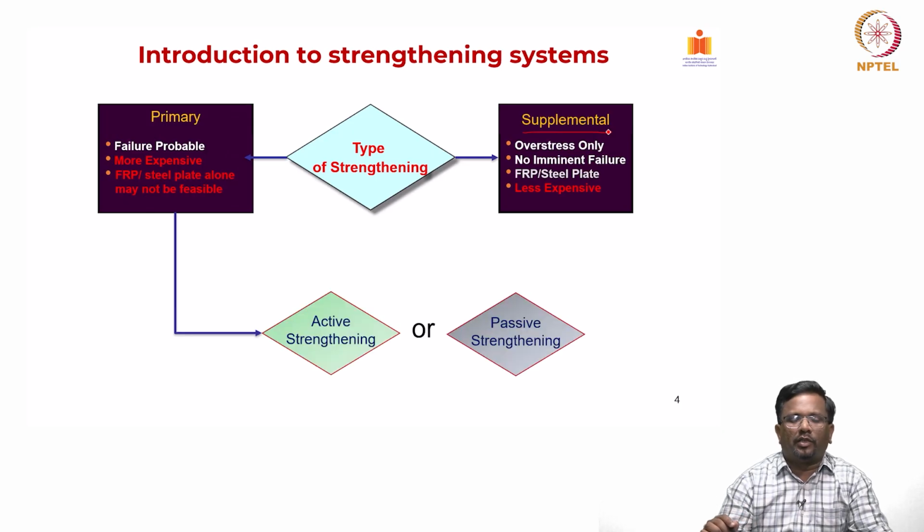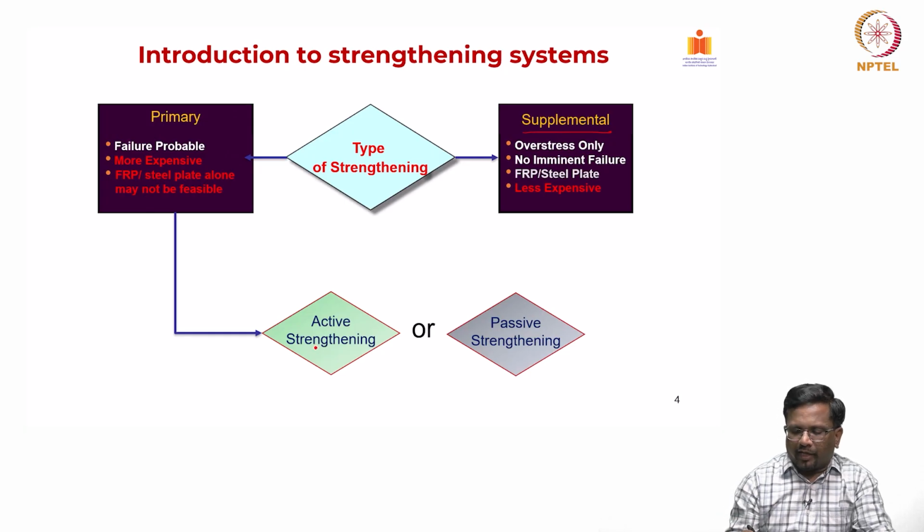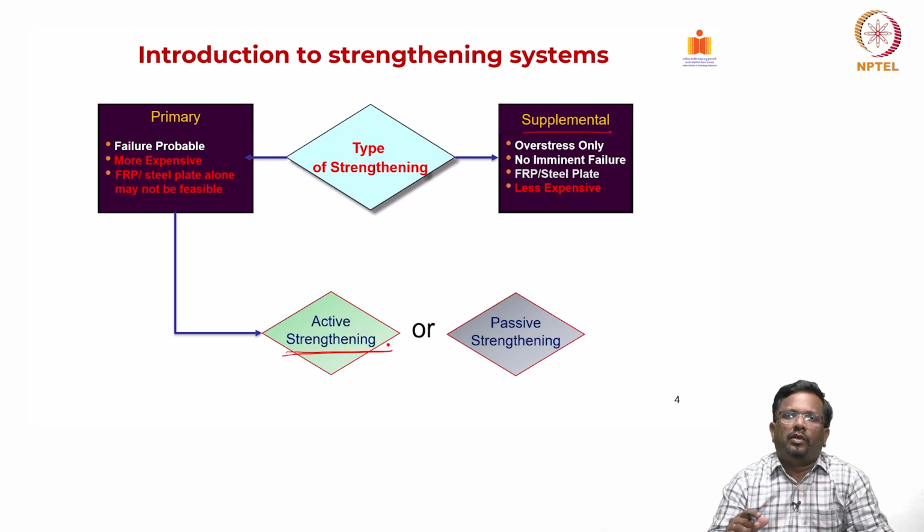And in primary strengthening, we classify them as either active strengthening or passive strengthening, right. In active strengthening, right after the intervention that you have implemented, most likely some form of post-tensioning, it will help in engaging the load.